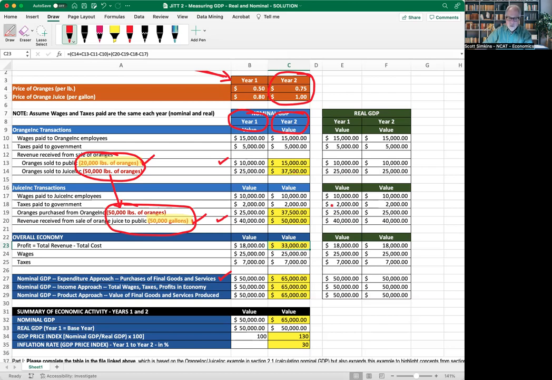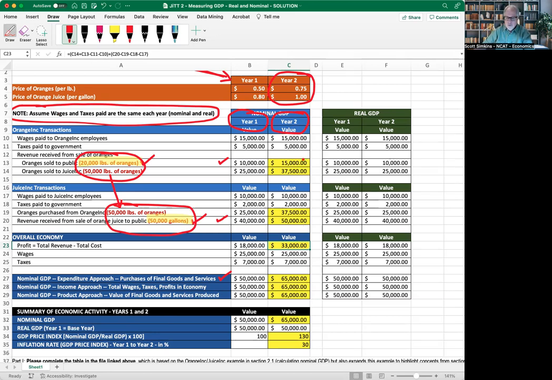We're assuming that wages and taxes are staying the same in each year, both in terms of real and nominal. So those numbers aren't changing. The revenue received from 50,000 gallons of juice used to be 40,000 at 80 cents a gallon, but now it's $1 a gallon in year 2, and so it's 50,000.